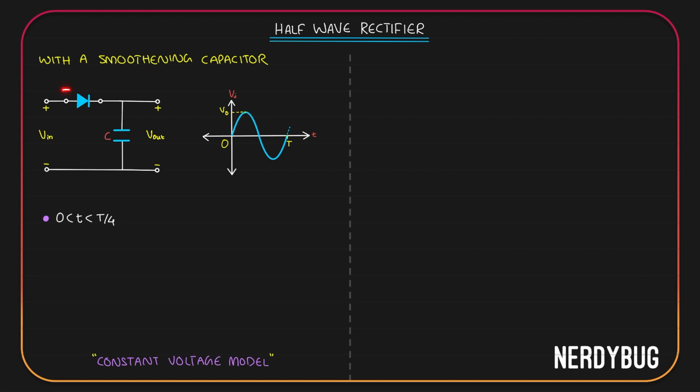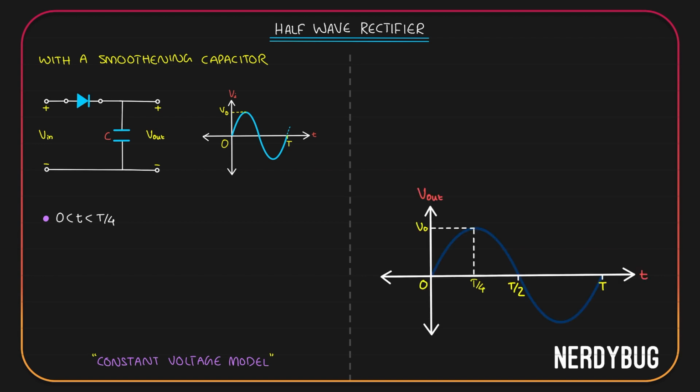So our diode will get positive potential here and negative potential here. But we are taking the constant voltage model. So until the input voltage is greater than 0.7 in the case of a silicon diode, it will not start conducting. Let me take a graph with the ghost of our input so we can plot our output. Until the input voltage becomes equal to the knee voltage of the diode, it will not conduct. So until then, output is going to be 0.